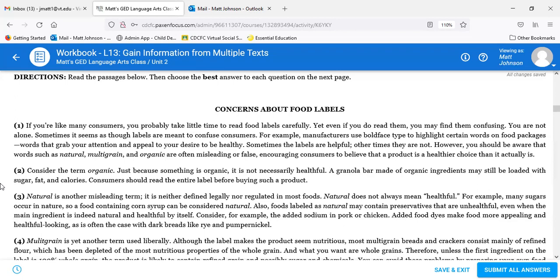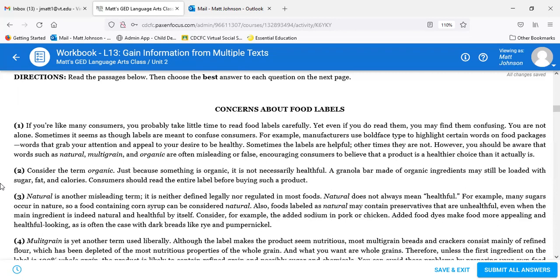For example, many sugars occur in nature, so a food containing corn syrup can be considered natural. Also, foods labeled as natural may contain preservatives that are unhealthful, even when the main ingredient is indeed natural and healthful by itself.